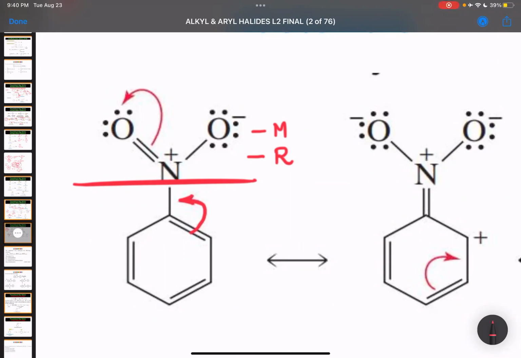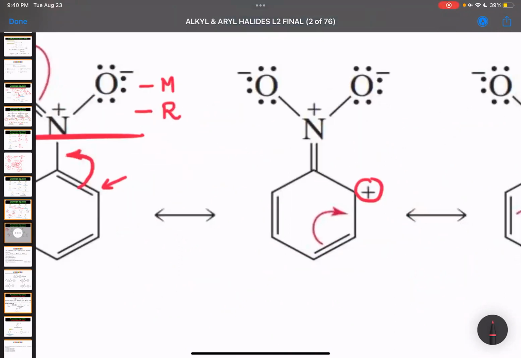So I have moved this pi electron like this. From this carbon, the electron density has been snatched away by the NO2 group, so here you will have a positive charge. This positive charge is electron deficient. It will pull the electron density from the pi bond which is ahead of it.